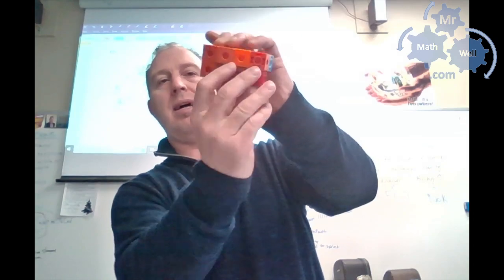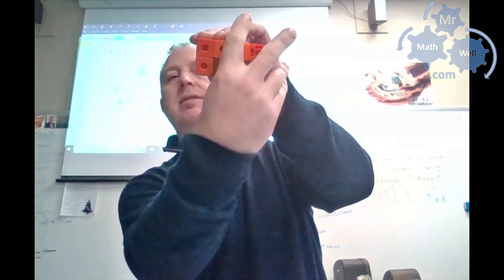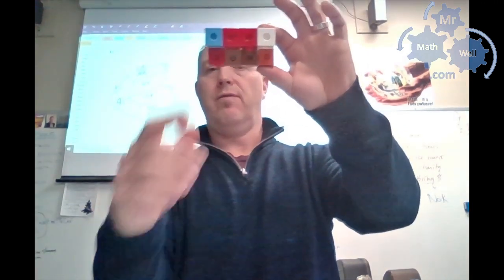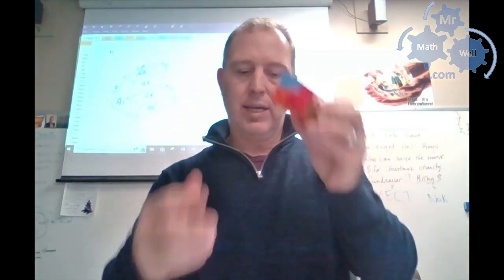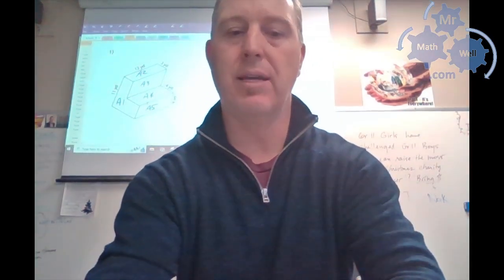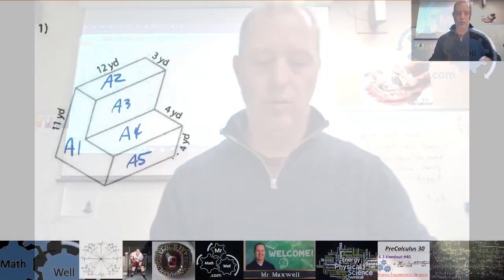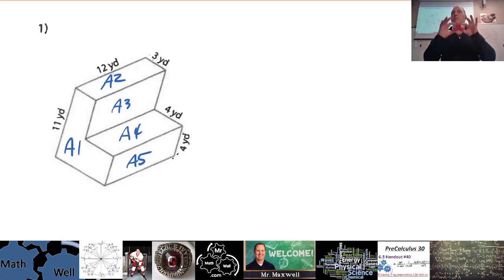If you move this around, the bottom side looks exactly the same as the top side from the top view, which is A2 and A4. So Cubolinks can sometimes come in handy here. If you would like to use some Cubolinks for this assignment, you'll be doing some of this tomorrow as well, and they might be able to help you.